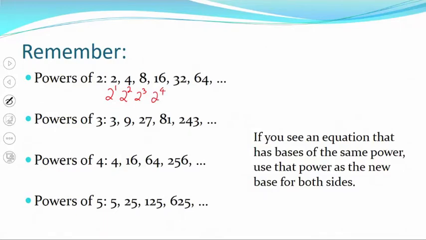And this goes on for the powers of 3 as well, 3 to the 1st, 3 to the 2nd, 3 to the 3rd, and those go on. Same for 4 and 5. So those are the list of numbers that you'd have to be able to recognize to do that first method.